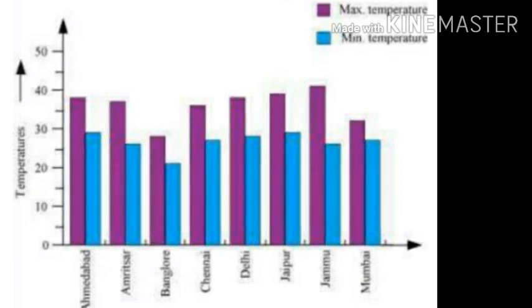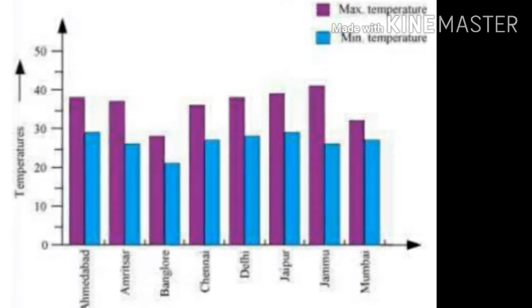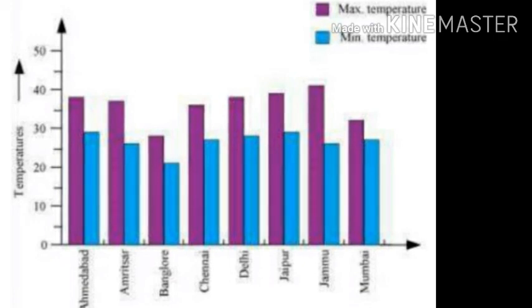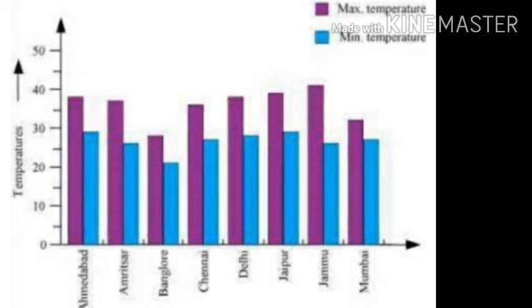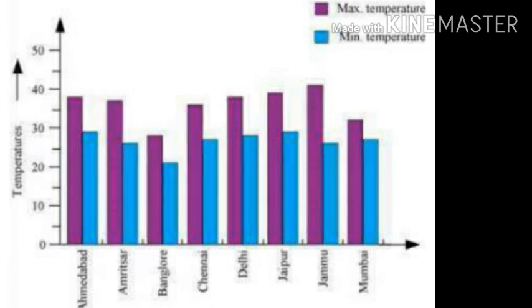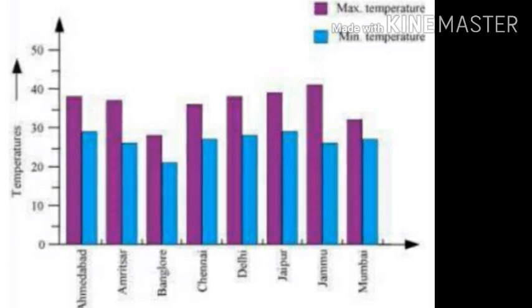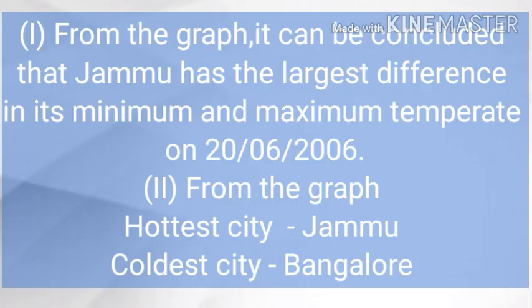From the graph, it can be concluded that the city which has the least difference between its minimum and maximum temperature is Mumbai. Okay, now the answers. First: Jammu has the largest difference in its minimum and maximum temperature. Answer 2: the hottest city is Jammu and the coldest city is Bangalore.